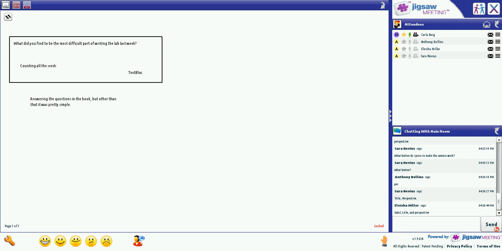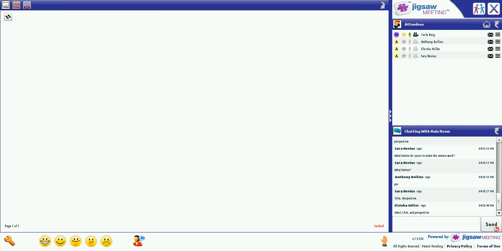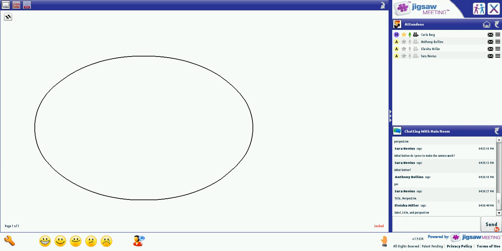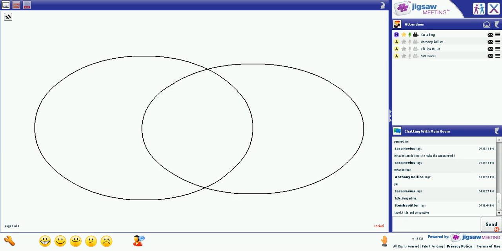Now what I would like to do to get started is we are going to make a Venn diagram on our whiteboard. So we are going to have a plant cell and an animal cell. And then the part that is highlighted in yellow is where the characteristics of both plant and animal cells will go.